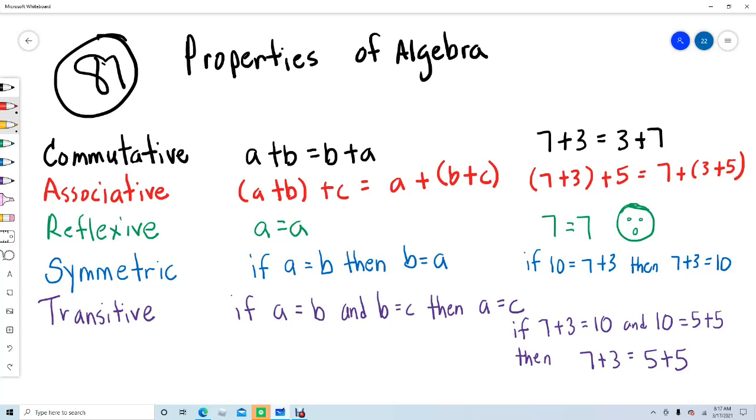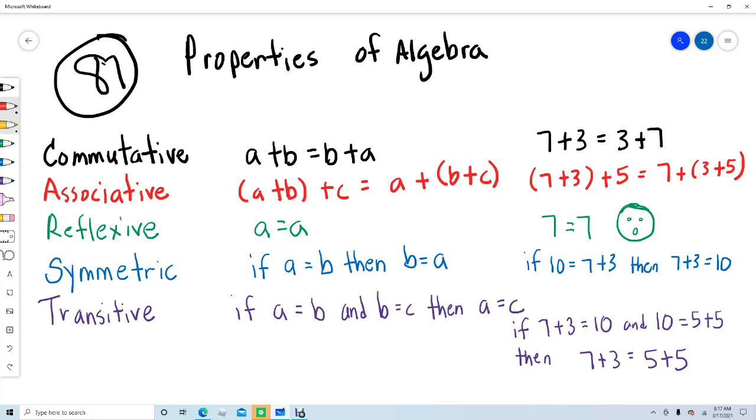Today's properties, if you look here in the left column, are the commutative, that's not communicative, there's no N in commutative, so practice pronouncing that, commutative, associative, reflexive, symmetric, and transitive. These are properties that you're going to find very simple, but you will need to know them because there will be problems where they will ask you, what property was applied here in this problem? And that's what the practice will ask you today.